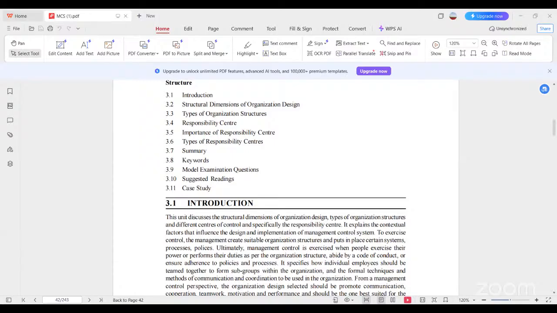So here each person knows their role, their authority, their responsibility. So a proper, clear structure is defined for each and every employee, whichever level they belong to. The clear structure ensures discipline, coordination, and accountability.